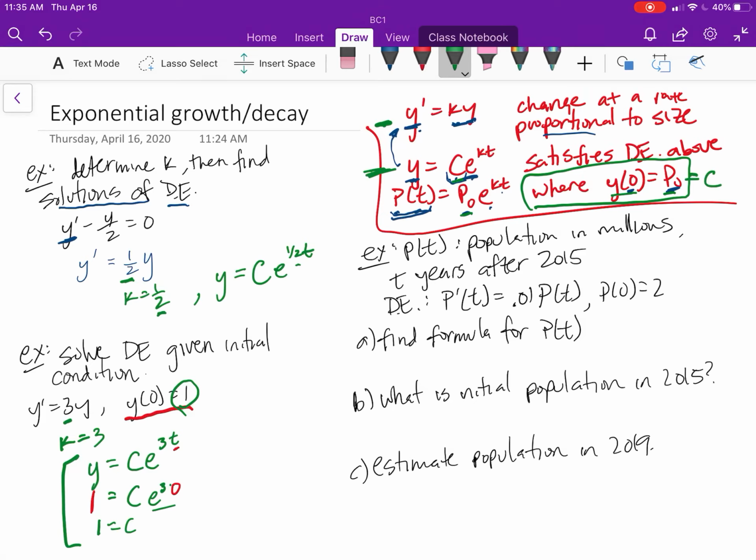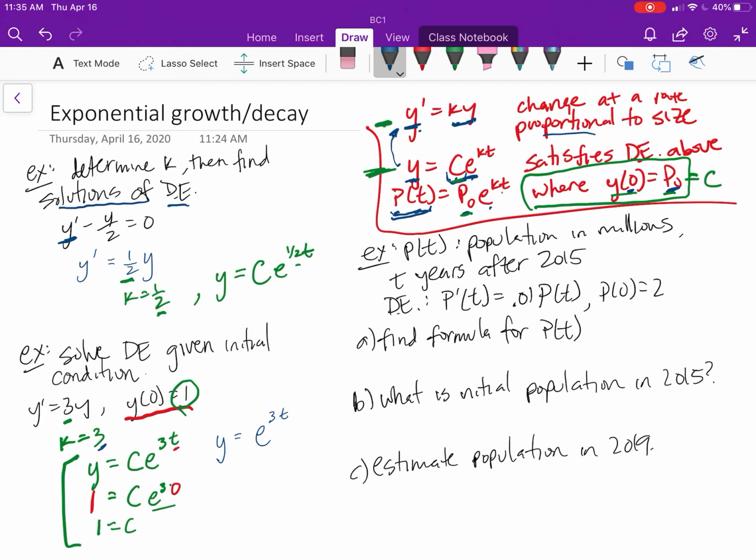It's just many different ways of seeing this type of differential equation and the formulas we're using. So what do we do? Well, now we have k and we have c, so we just write it up. y equals c e to the 3t, but we don't really write 1 as a coefficient, right? So it's just y equals e to the 3t.